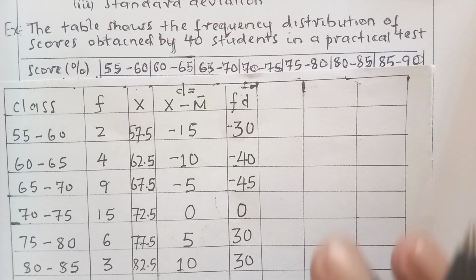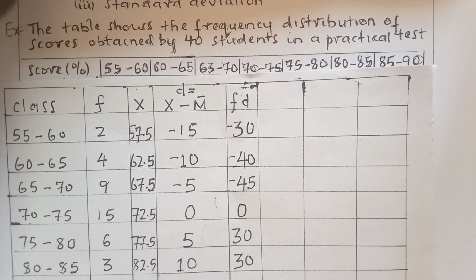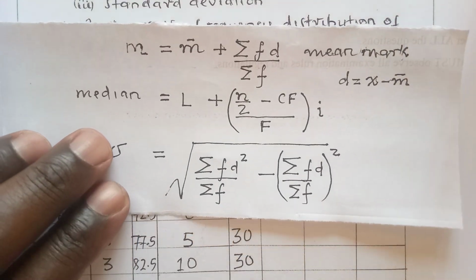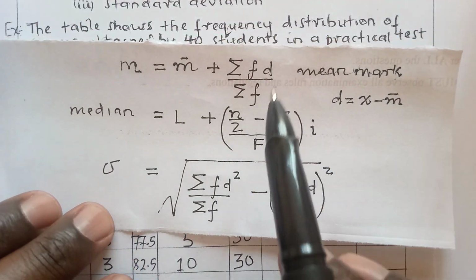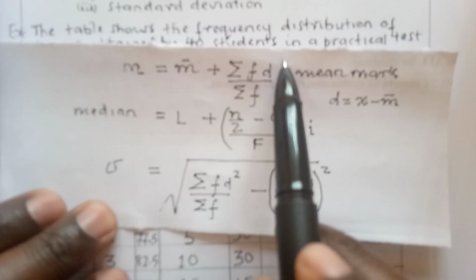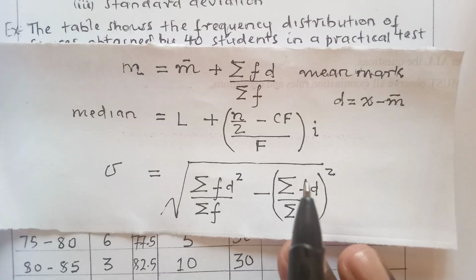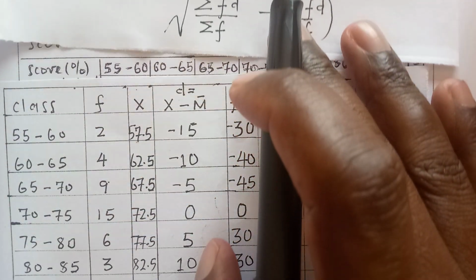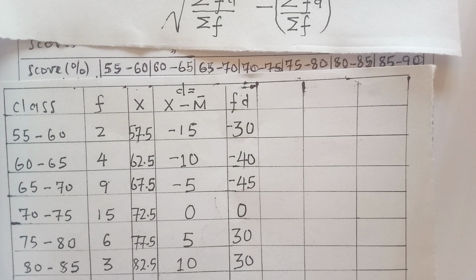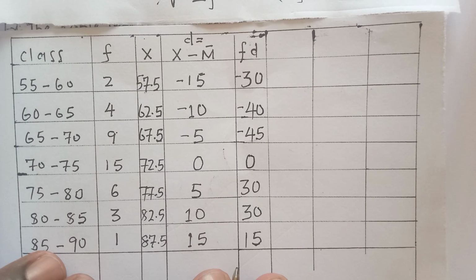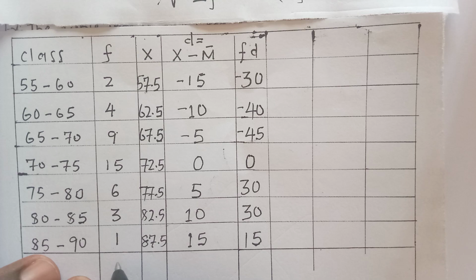And guys, as you can see, there is a summation of FD. So we need to add that. That is FD, as well as this one. For this one, at least we know the frequency is supposed to be 40.